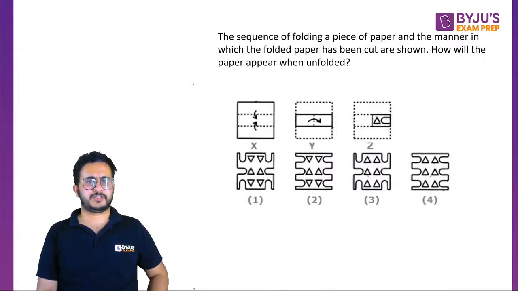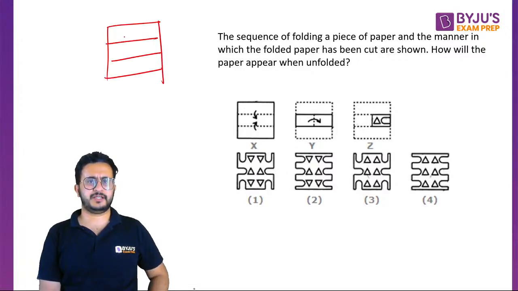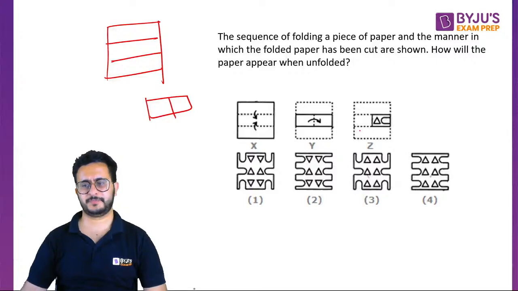So first we have three layers folded into one, and then this shape, then it is folded into half, and then this shape is cut.